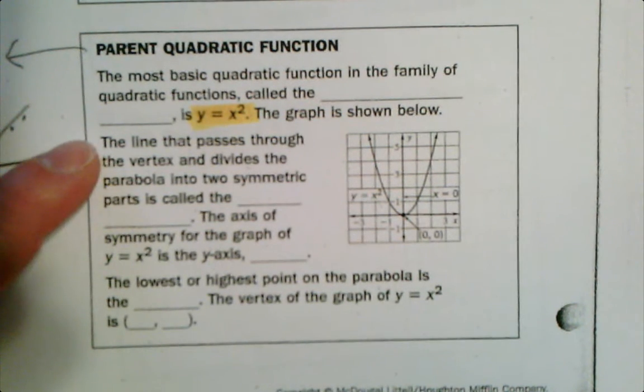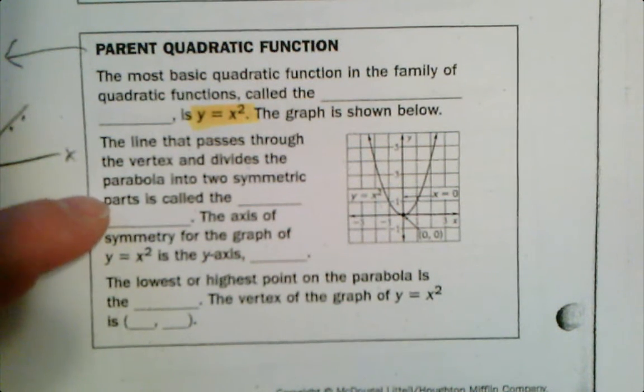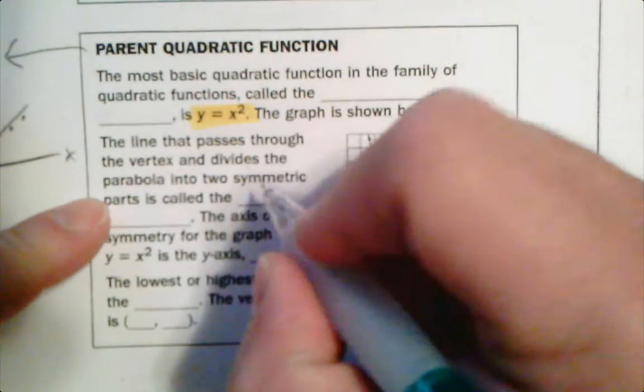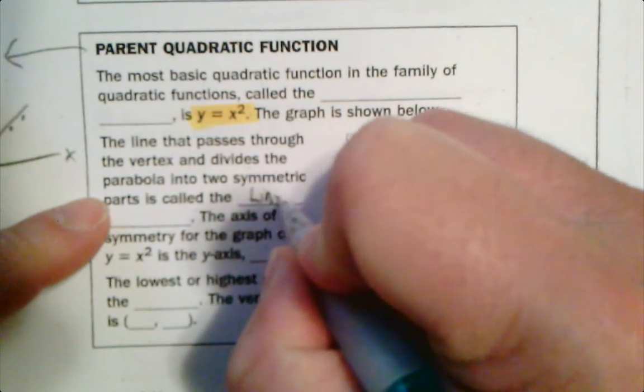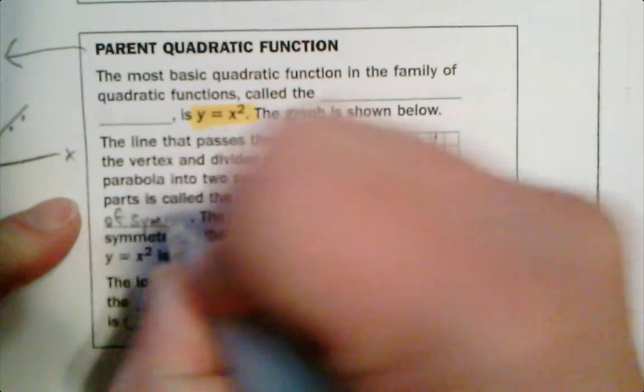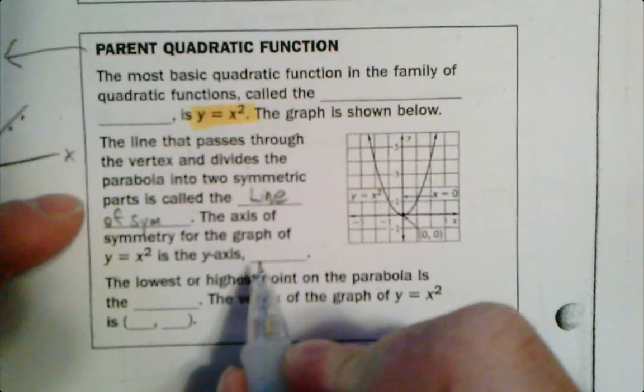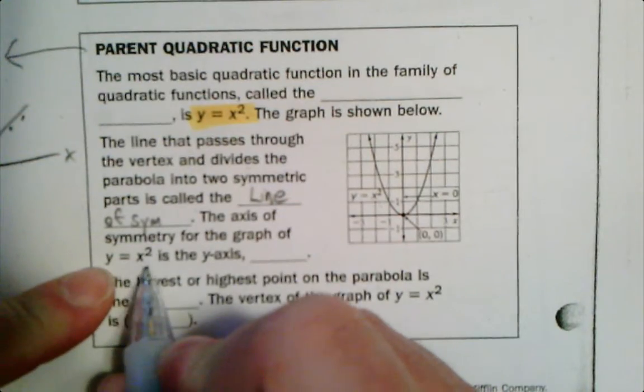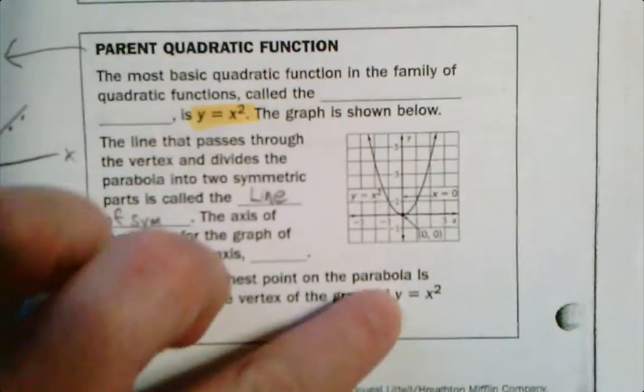The line that passes through the vertex divides the parabola into two symmetric parts called the, like we talked about, I'm going to keep calling it line of symmetry. The axis of symmetry for y equals x squared: if you look, where does this cross?